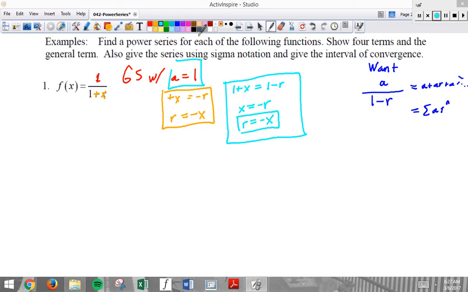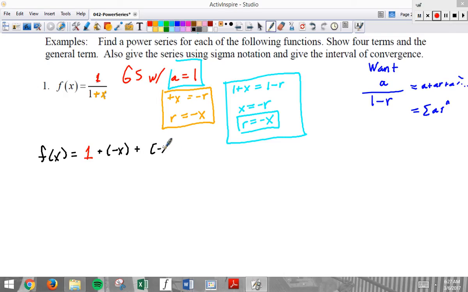So f of x is a plus a times negative x plus a times negative x squared.